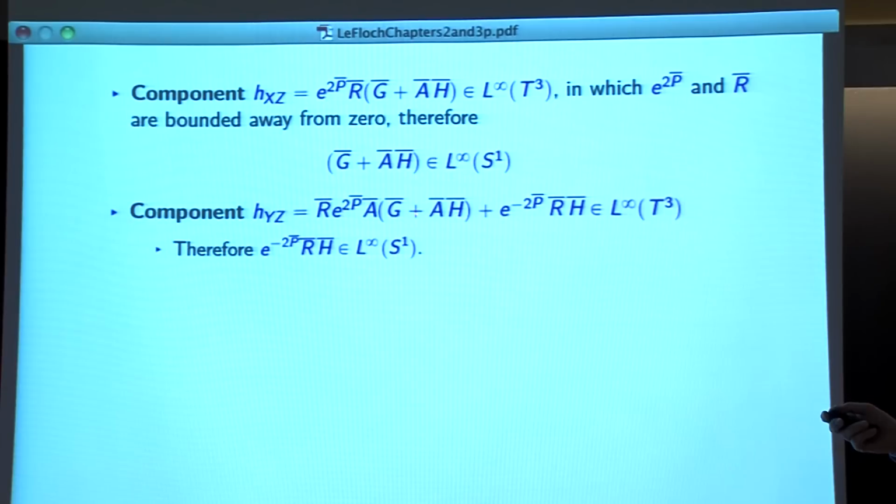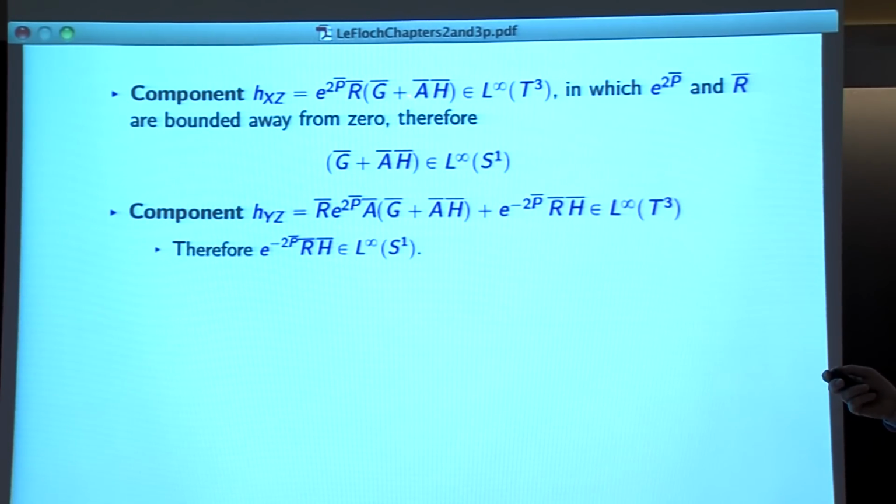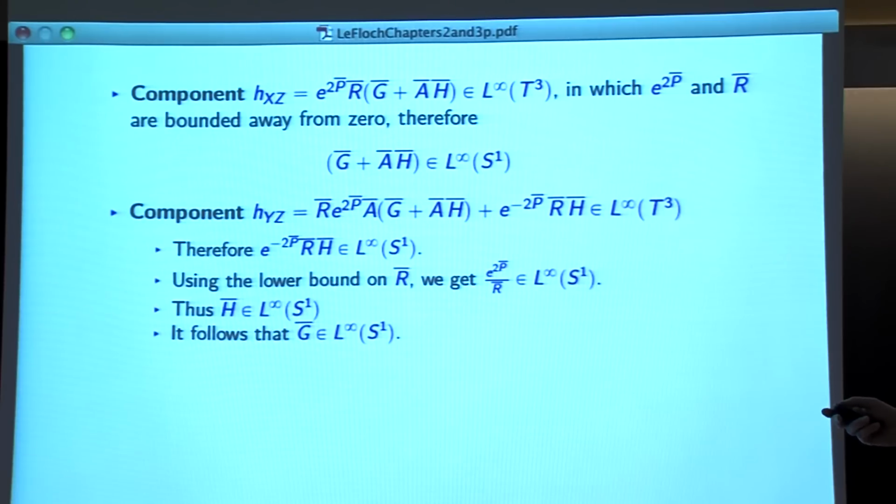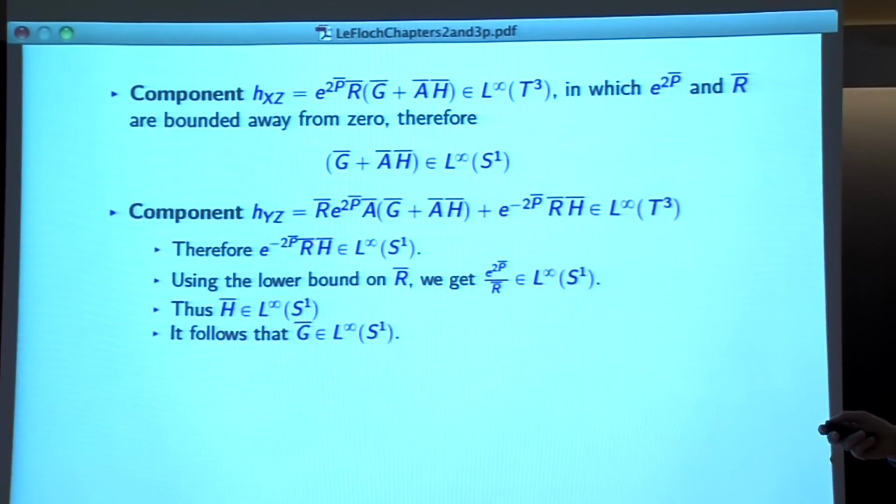I'm just expressing the regularity of each component and translating what it means on the metric coefficients. Right? So this guy has already appeared in a previous line, so I already know it's bounded, and therefore I get that the second part is bounded. And now you have already a bound on R, so you get that the remaining term is L infinity, and you get that H bar is in L infinity. You return to the step before, and you also deduce that G bar is L infinity.